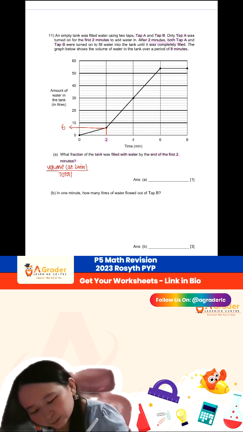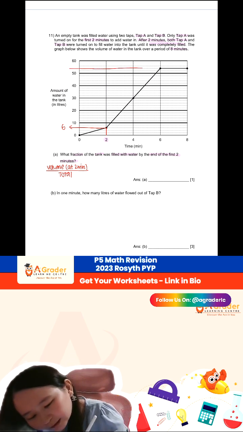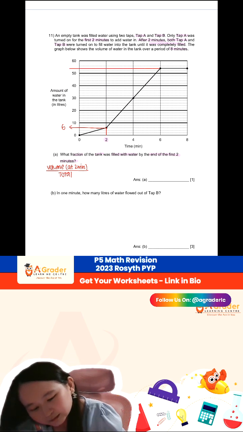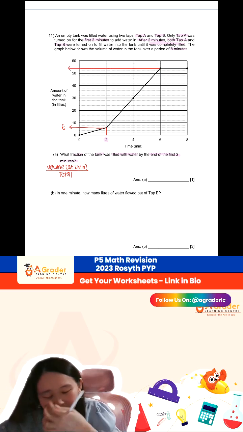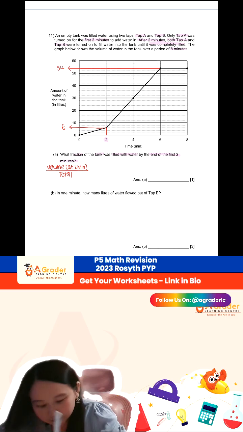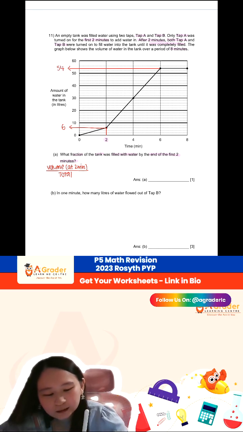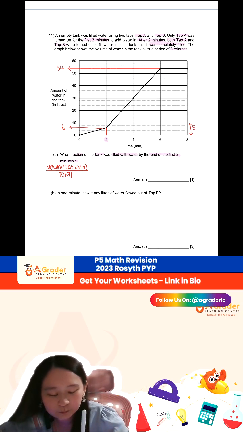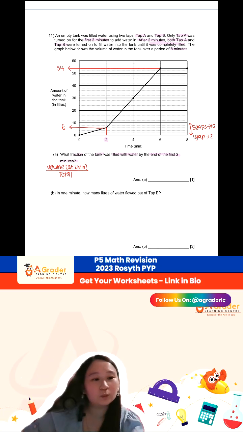So you can see that the maximum water is here. So take note, 60 is not the maximum capacity of the tank. The maximum capacity of the tank is 54. Okay, you can see that there is 5 gaps here. 5 gaps here represent 10, so 1 gap is 2. Okay, 10 divided by 2.